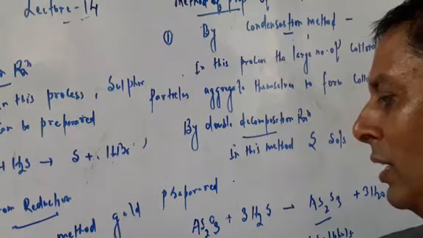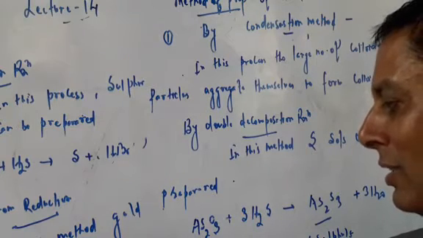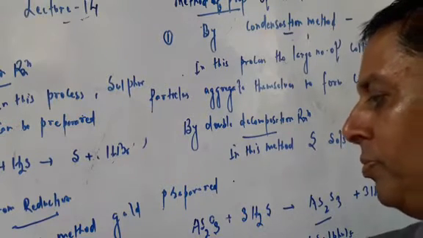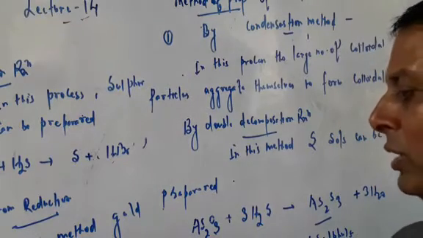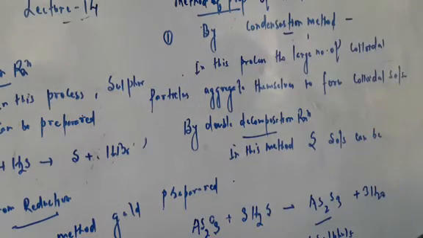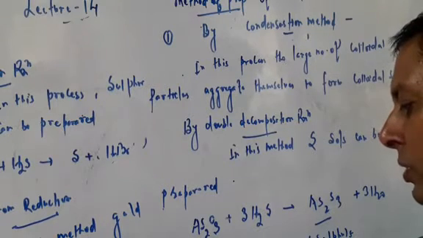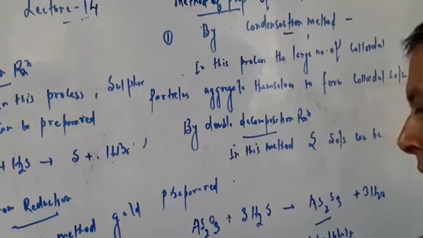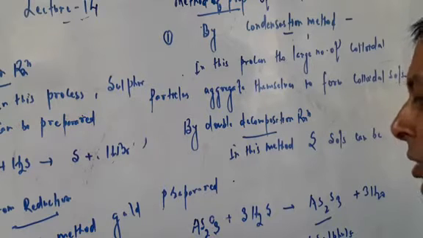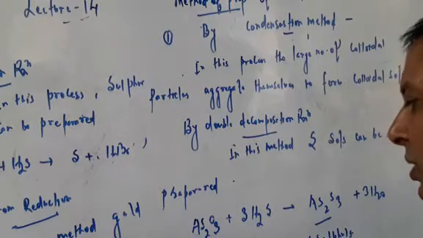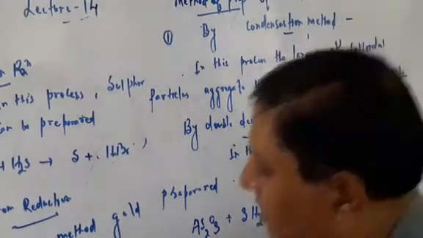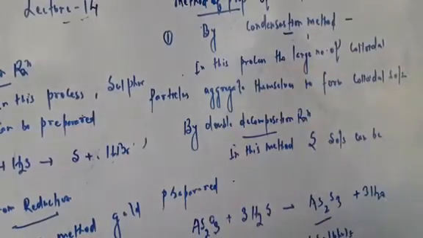Gold chloride reacts with SnCl2. Then gold undergoes reduction and forms gold sol. Gold is dissolved into the dispersion phase and it forms gold sol, and SnCl2 is a reducing agent so that it gets oxidized. So from reduction we can prepare gold sol.